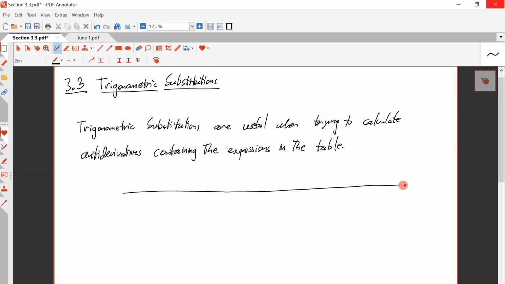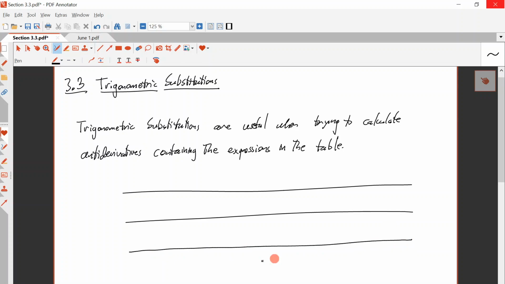So, three particular types of expression that you might encounter that are difficult to deal with otherwise, that involve square roots.